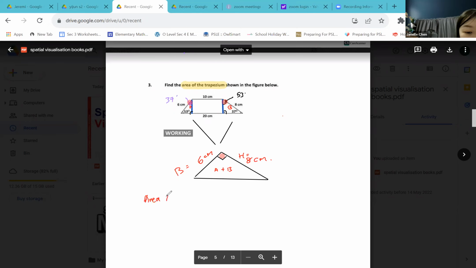So the area of A plus B will just become 6 times 8 times half. Or you can take half times 8 times 6, it also works. Basically, it's just the formula to find the area of a triangle. So what we have here is 24 cm square. And then we found the area of the triangle.